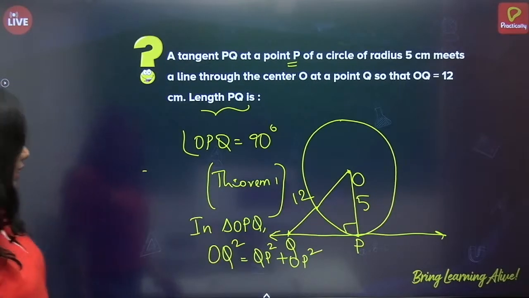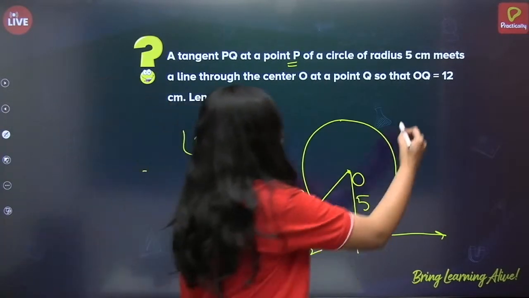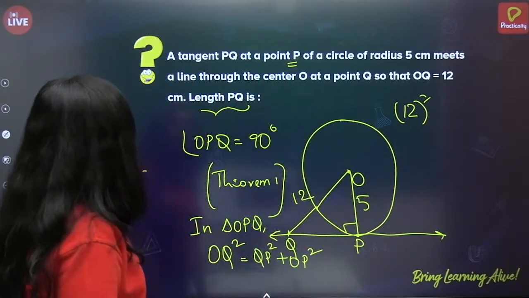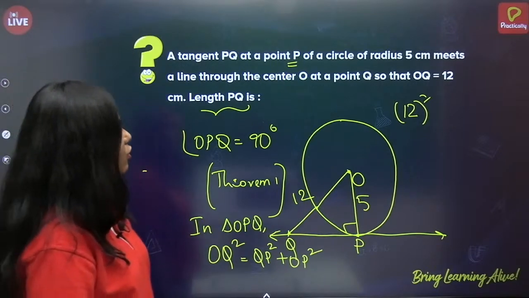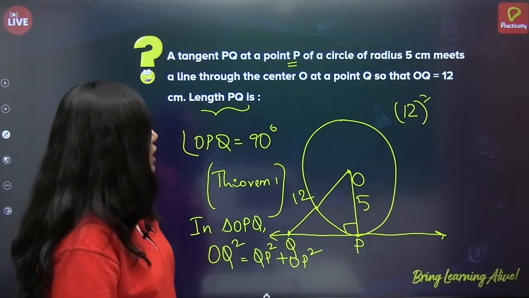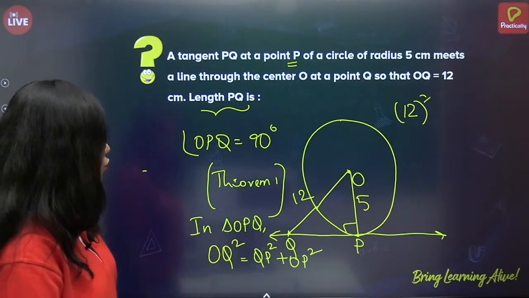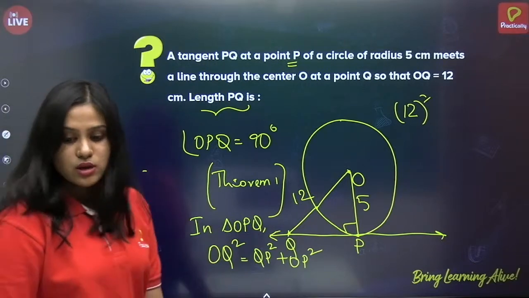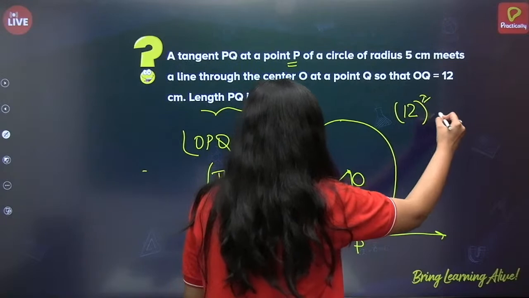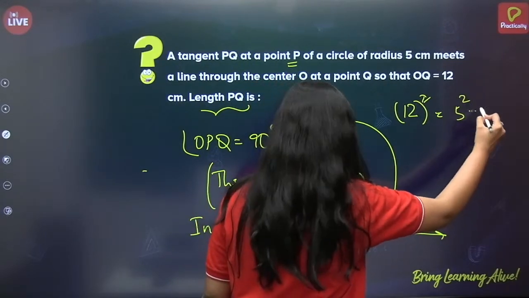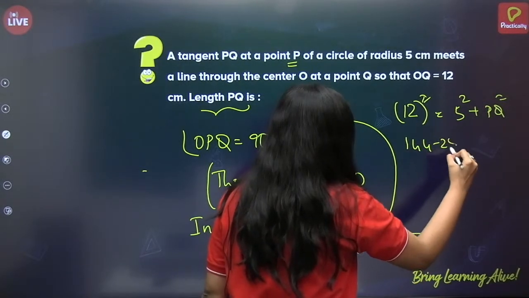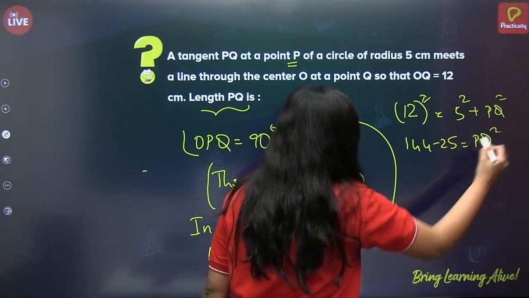Now let us substitute. What is OQ square? 12 square. So 12 square is equal to 5 square plus PQ square. 144 minus 25 is equal to PQ square.